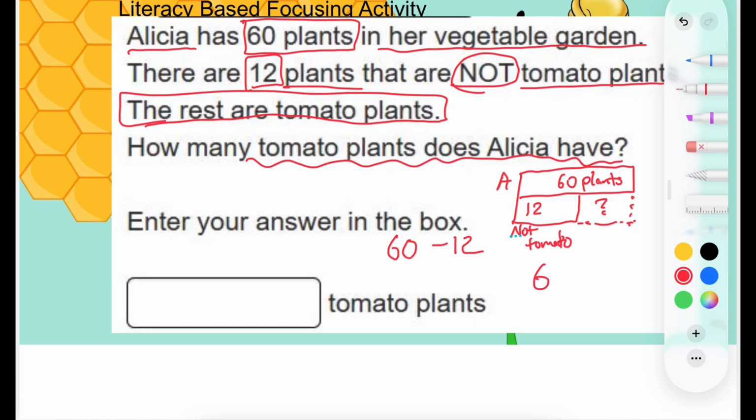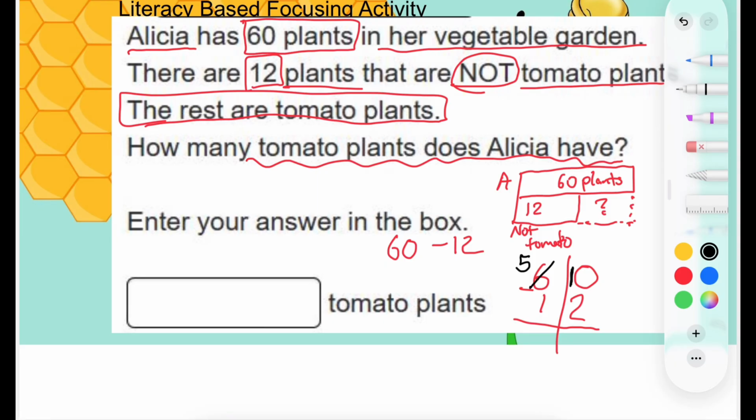I'm going to write 60, which is 6 tens and 0 ones, and 12, which is 1 ten and 2 ones. I do not have enough. I have to take away 2. I have nothing there. So I'm going to regroup this 6 as 5 tens, move the 1 over, and now I have 10 ones.